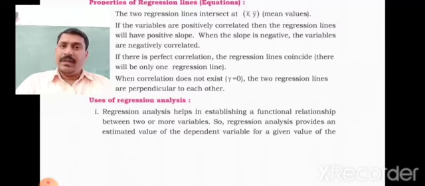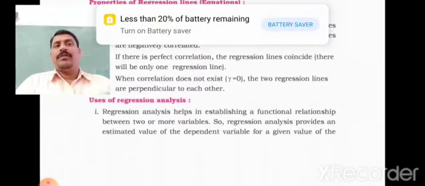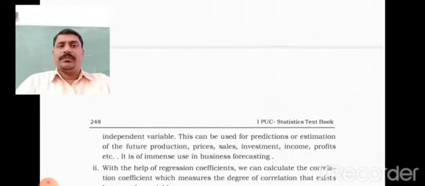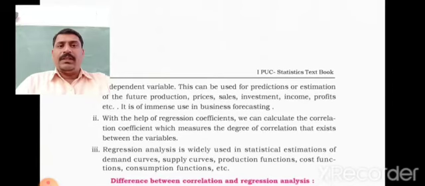If any independent variable is given, for that we can find the dependent variable. Second, with the help of regression coefficients, we can calculate the correlation coefficient, which measures the degree of correlation that exists between the variables.